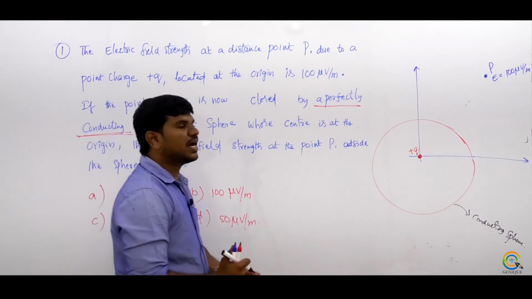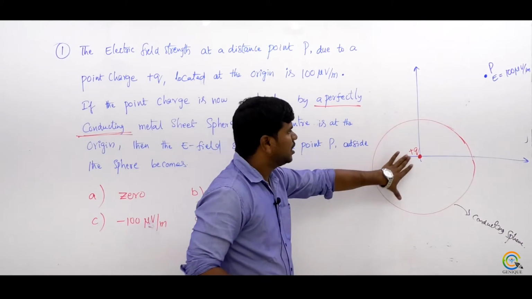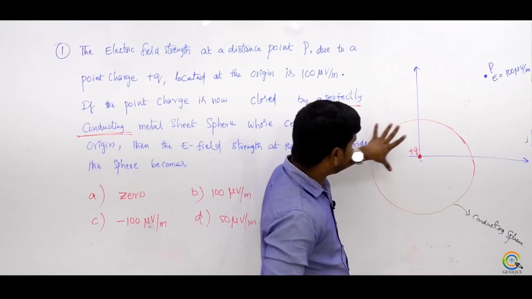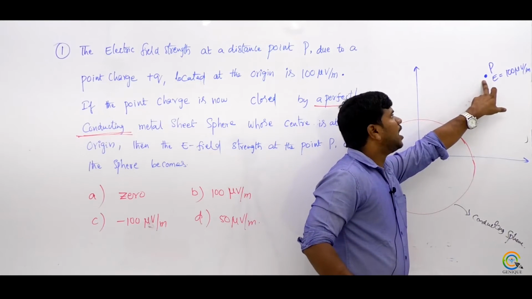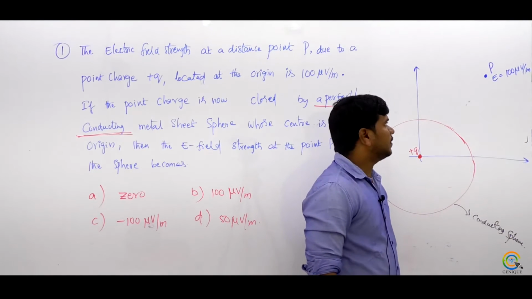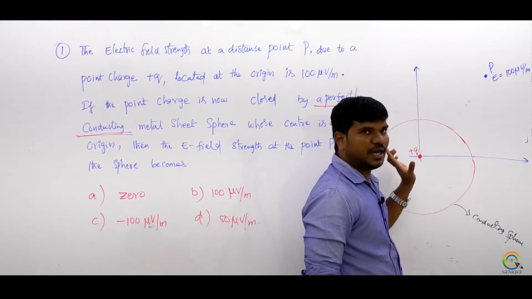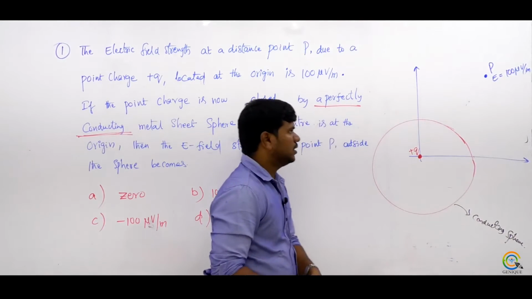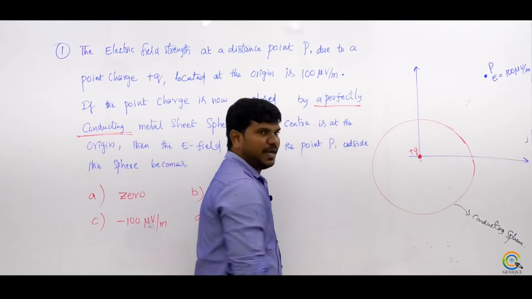Due to this entire arrangement, we have to find the electric field. Before, without this sphere, we got this electric field intensity. Now if it is enclosed by the sphere, what would be the electric field intensity? We have to find. See, it is a conducting sphere.